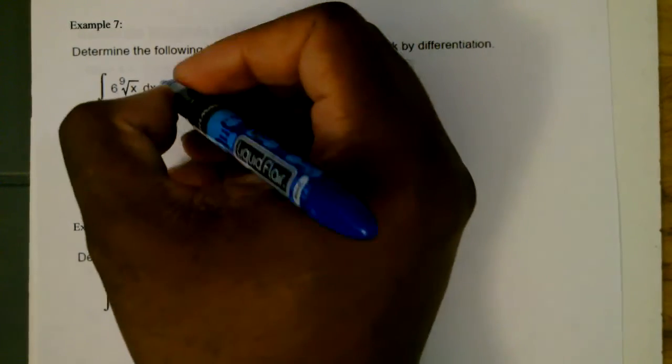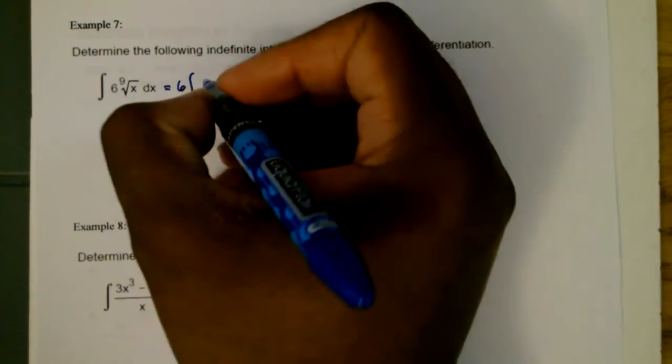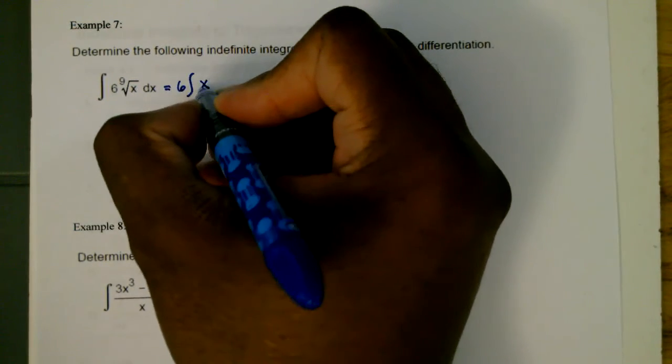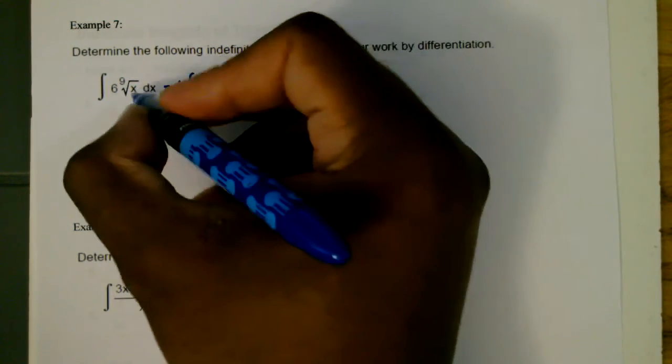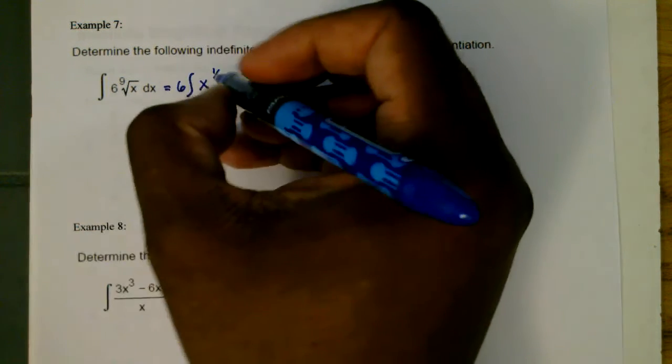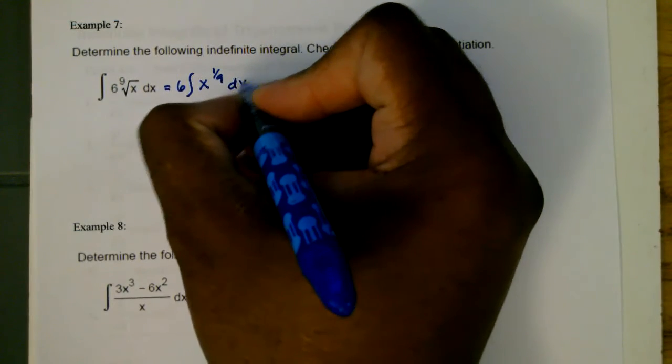So I can bring out the 6 in front. The 9th root of x in its equivalent exponential form will be x to the 1/9, because that x has the exponent of 1. That's the numerator. The index of 9 will be your denominator. So you have 6 times the integral of x to the 1/9 dx.